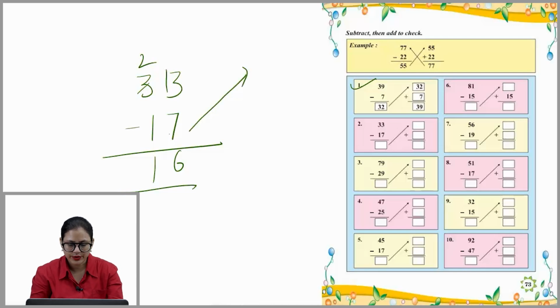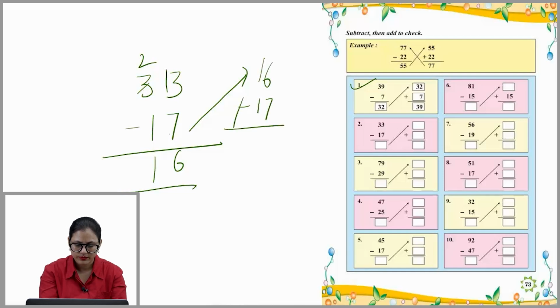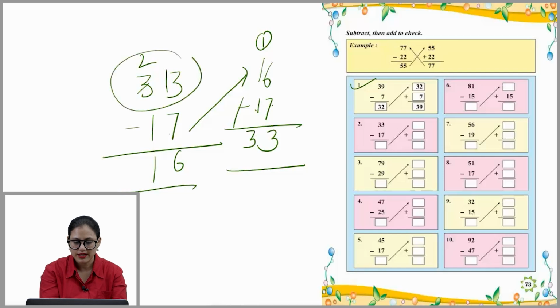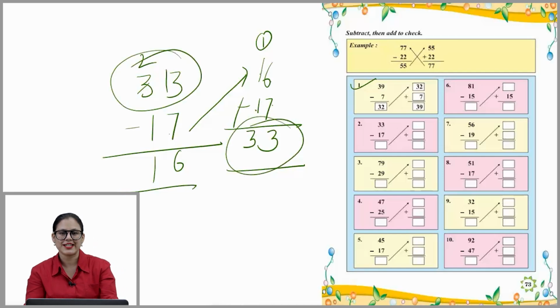What will you write here? You will write here 16 plus 17. 6 plus 7, 13. 1 carry. 1 plus 1, 2, plus 1, 3. 33. So 33. That means our answer is correct. Now students, you will do the remaining parts.